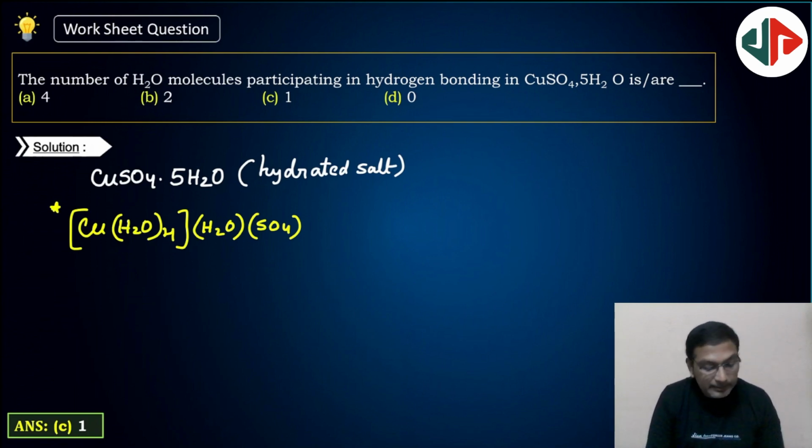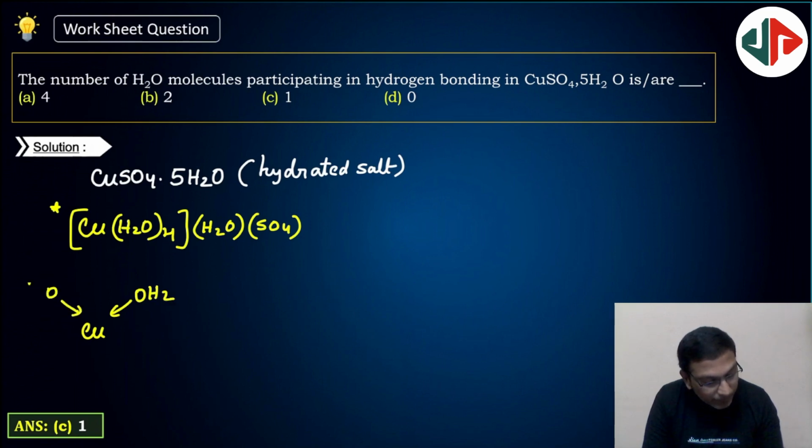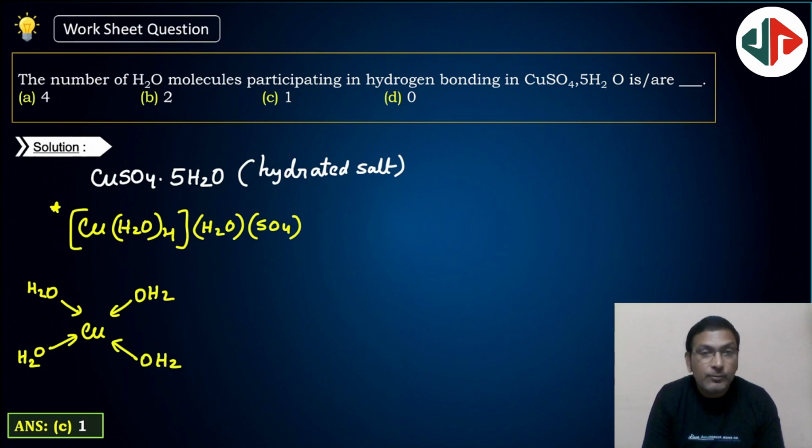Remember this. So how many water molecules are participating in hydrogen bond? Here the structure will be like this. Cu, H2O can be written like this, OH2. 4 water molecules are bonded with Cu.